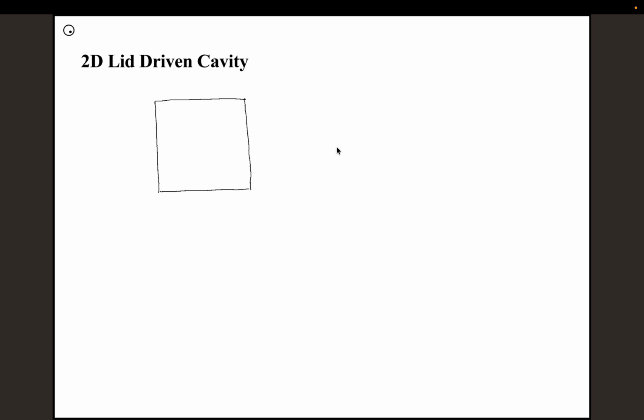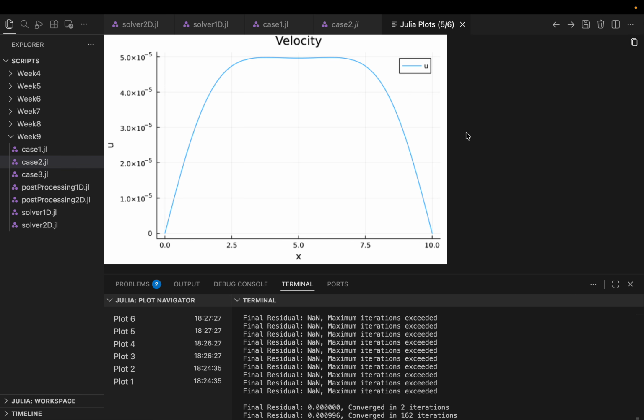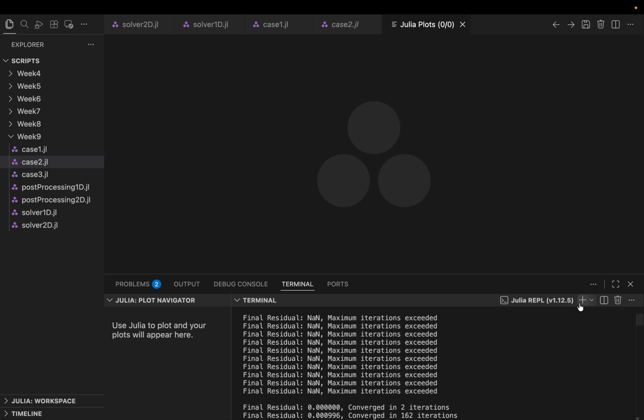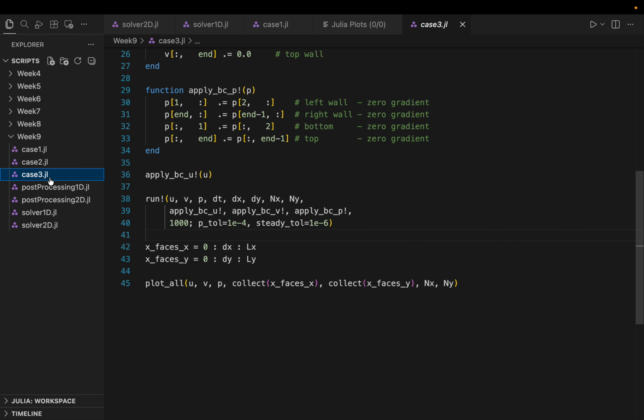So you have all these as walls, and then we have a uniform velocity u imposed on the top surface. So how do we implement this? That is my last case.